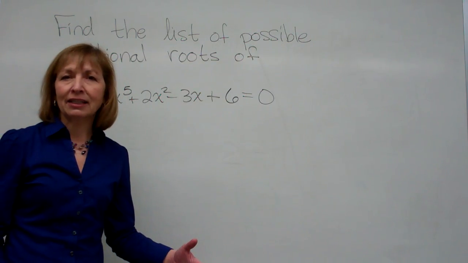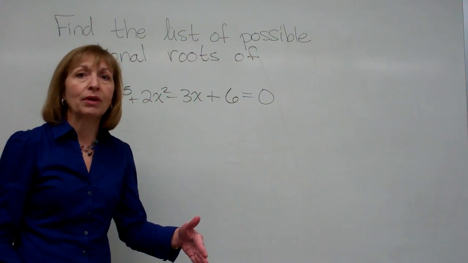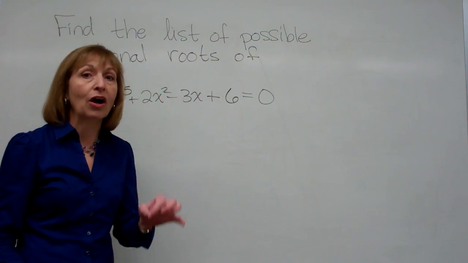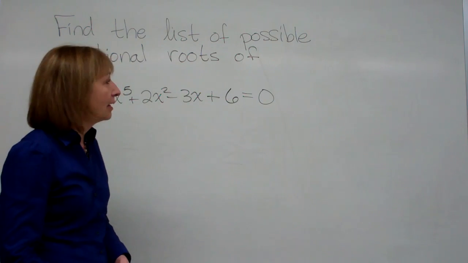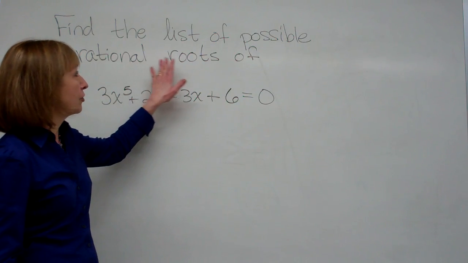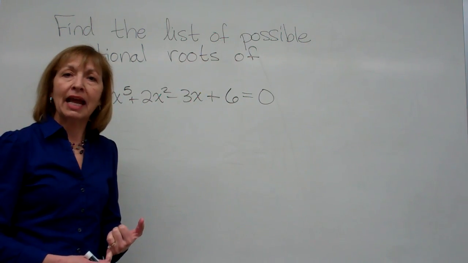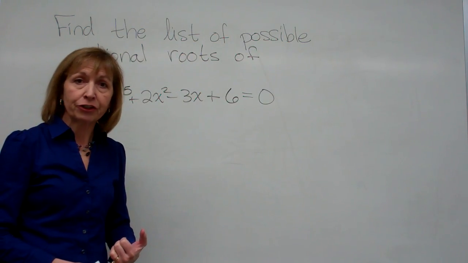But we actually get a list that has more numbers in it than the ones that make the equation true. It's just that all the ones that do make the equation true are somewhere in that list. And in the process of finding our list of possible rational roots, remember a rational number is a number that can be written as a fraction of an integer over an integer.